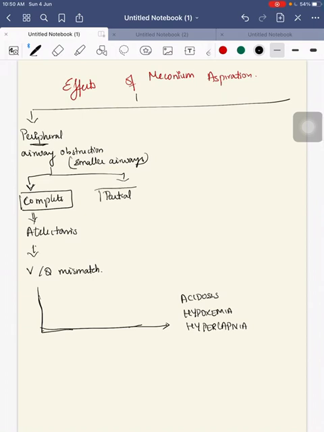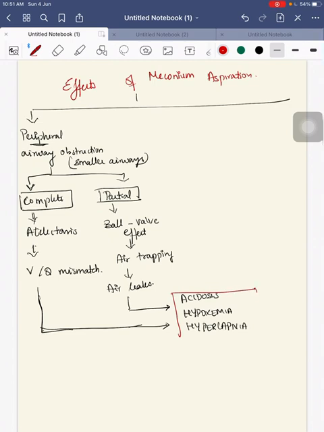If it is a partial airway obstruction, there will be a ball valve effect, which leads to air trapping and in turn to air leaks. These air leaks will also cause hypoxemia, hypercapnia and acidosis.